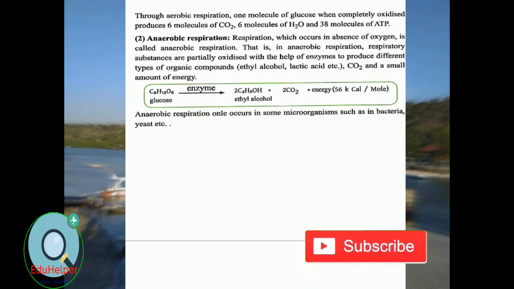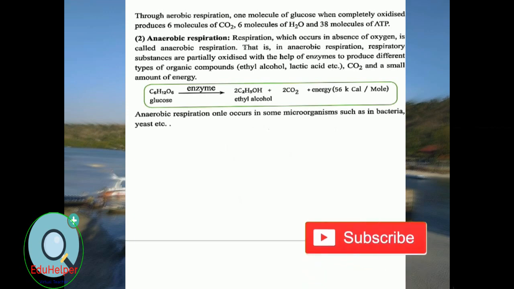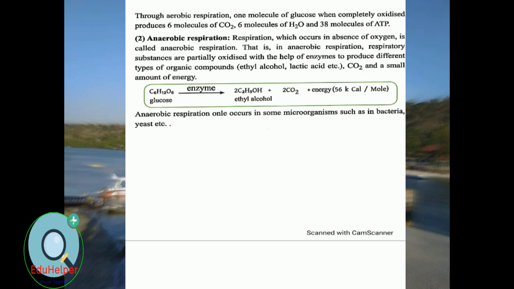A small amount of carbon dioxide and energy is produced. Some lower organisms, such as bacteria and yeast, perform this kind of respiration. This is the equation of anaerobic respiration.